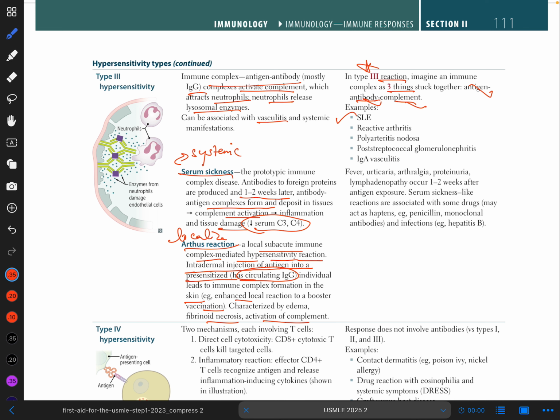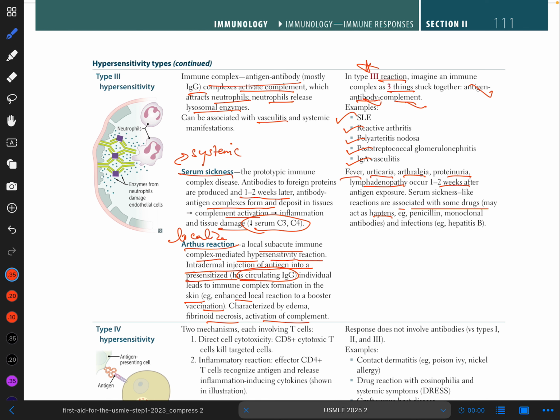Examples are SLE, reactive arthritis, polyarteritis nodosa, post-streptococcal glomerulonephritis, and IgA nephritis. Fever, urticaria, arthralgia, proteinuria, and lymphadenopathy occur 1 to 2 weeks after antigen exposure. Serum sickness-like reactions are associated with some drugs that may act as a hapten, like penicillin, and with monoclonal antibodies.